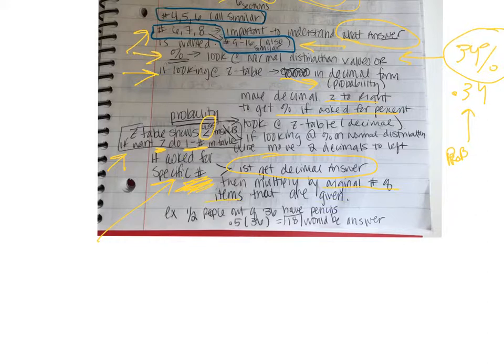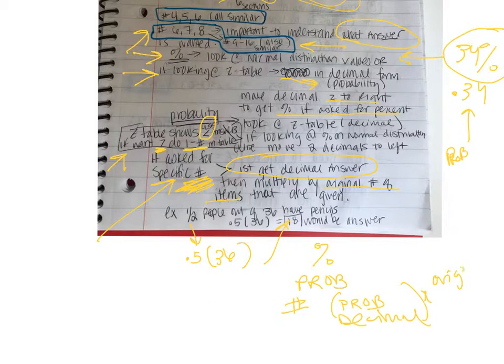For example, if I said half of 36 people have pencils, you would take 0.5 times the original total, and that's why we would get 18. So 3 things we'll ask: percent; probability, which we write as a decimal; and an actual number of items, where we take our probability, the decimal answer, and multiply by the original total amount.